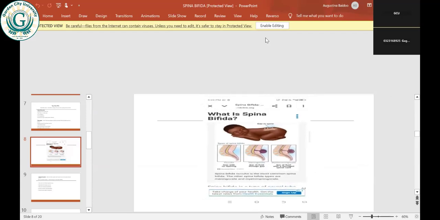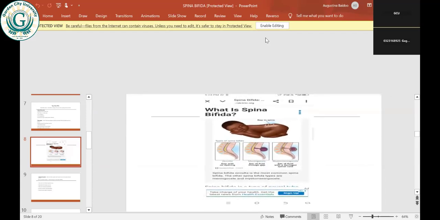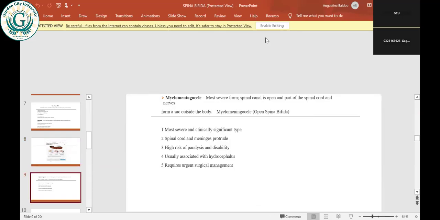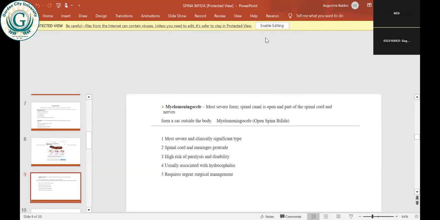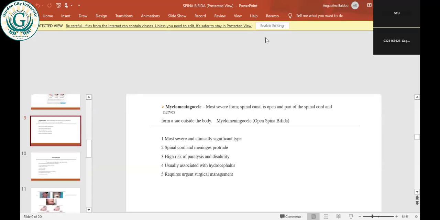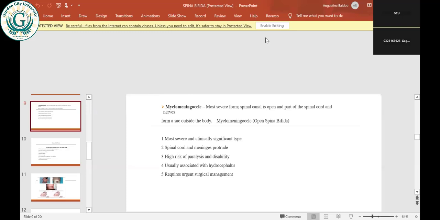So let's move on to the third one, myelomeningocele. It is the most severe form. Part of the spinal cord and nerves form a sac outside the body.